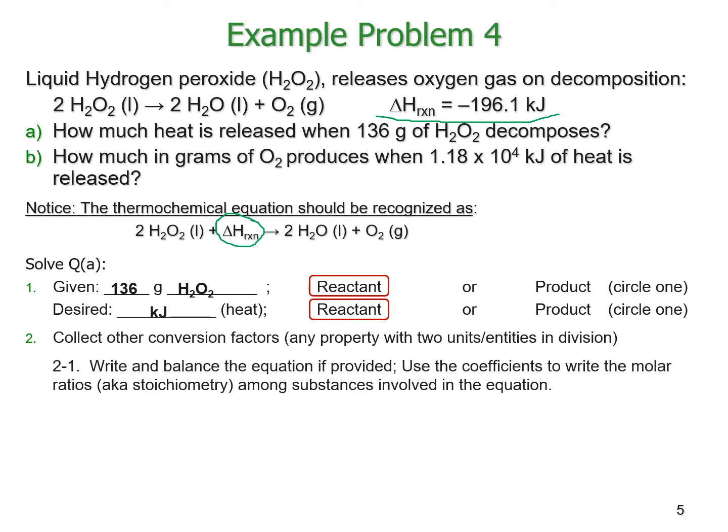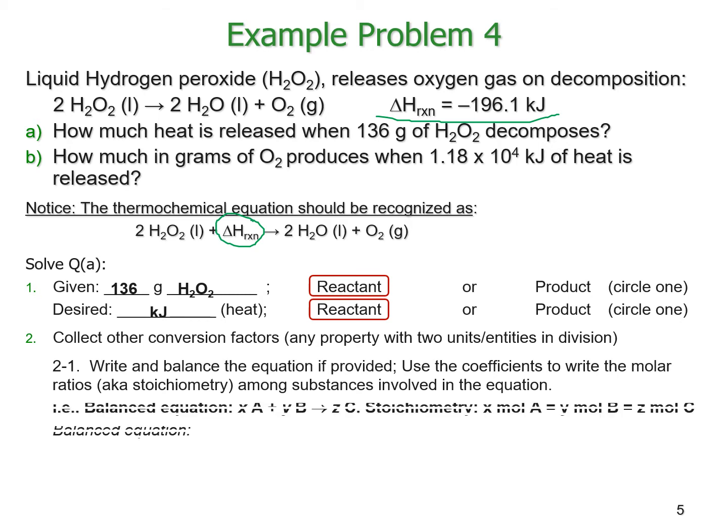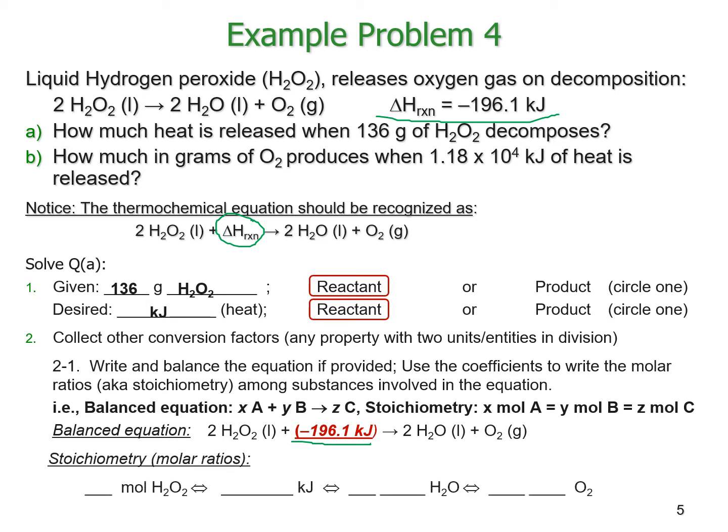Okay, let's go to the second step. We collect conversion factors. First, we write up the balanced chemical equation. Now, in this chapter, I want you guys to put heat in the position of the reactant like this. So this is the amount of heat that we put in as a reactant. Now, we write up the stoichiometry.